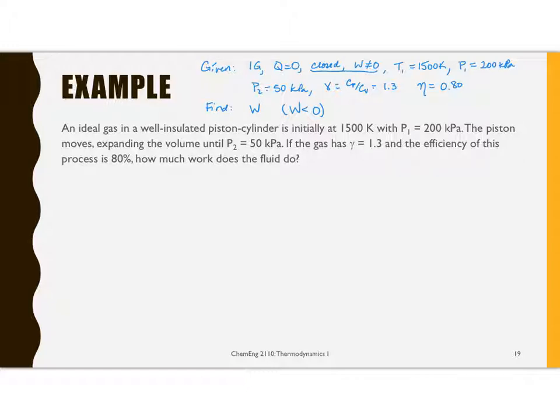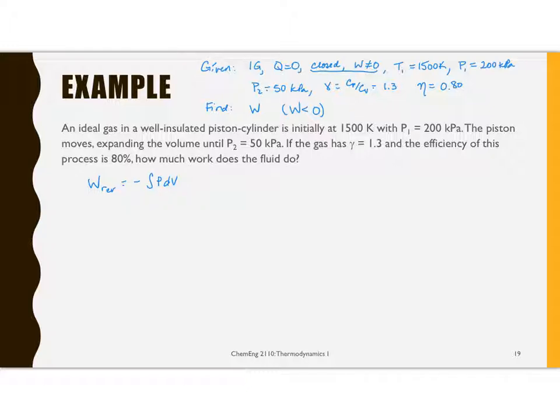Okay, so now we want to know the work. I know that it's got an efficiency of 80%, so this means I'm looking for real work, but I can't just directly calculate that. What I need to do is calculate the amount of reversible work. So the work for the reversible process is going to be this negative integral of P dV.